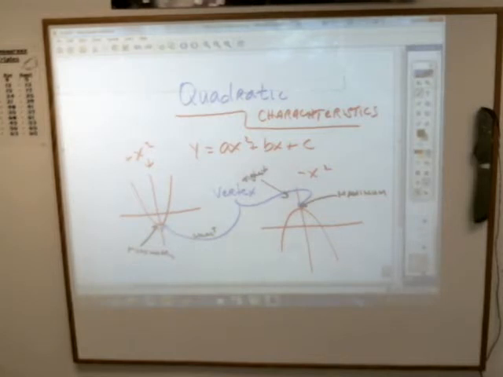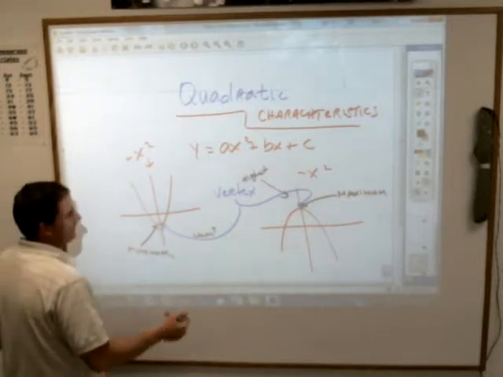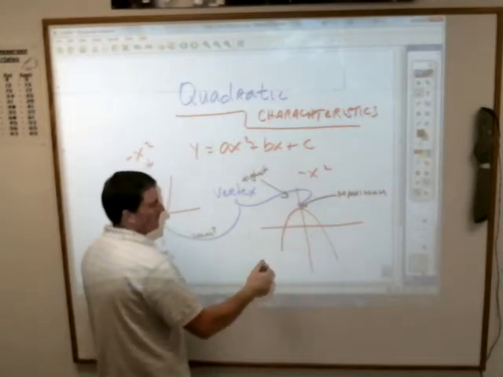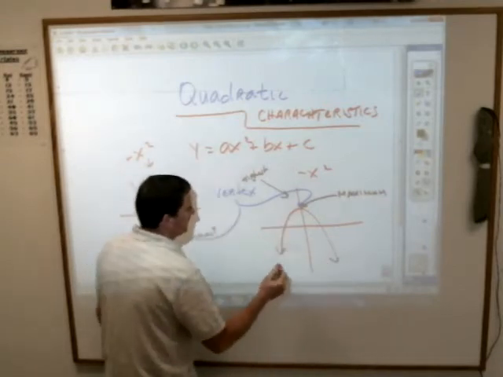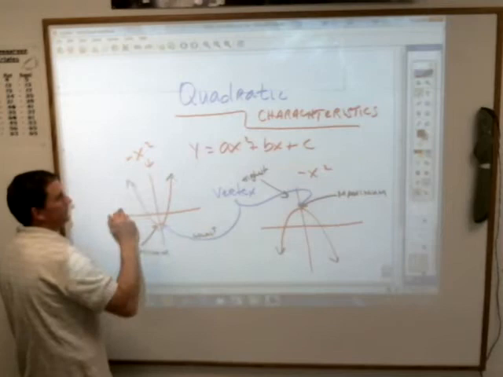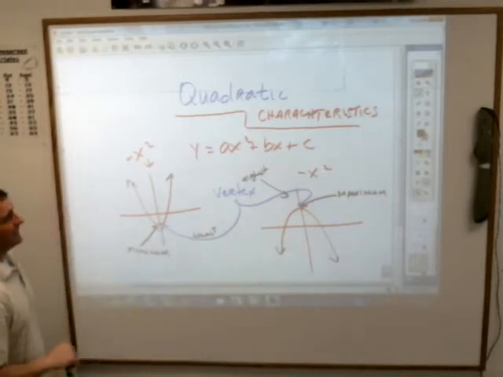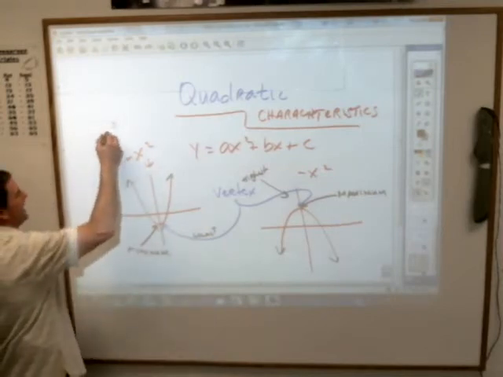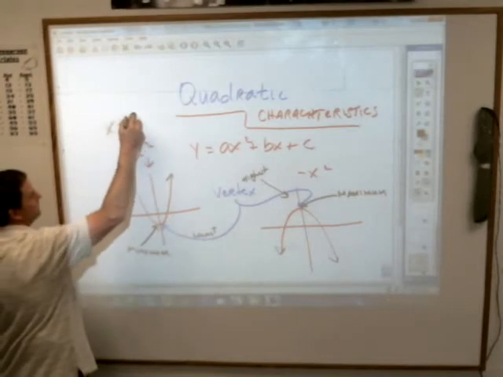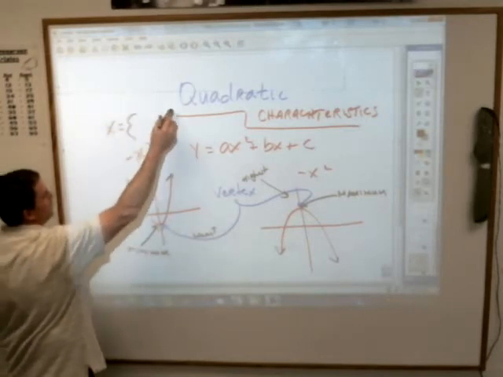What it means is this. First of all, these little graphs have arrows on them, which means they go on forever in those directions. If I asked you what possible values x could have, x is the set of what numbers?